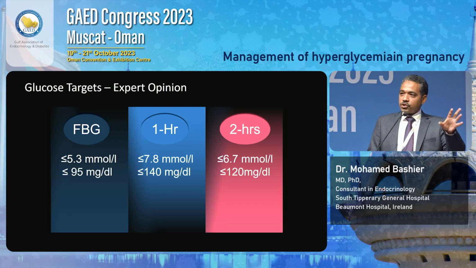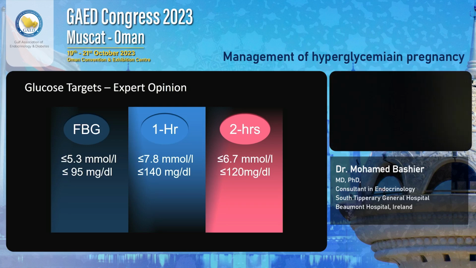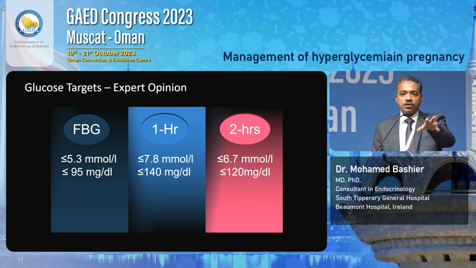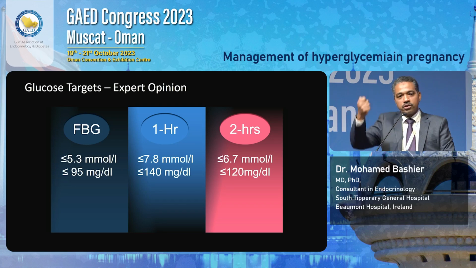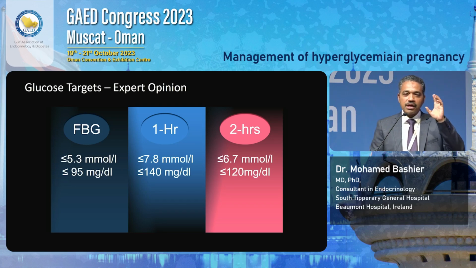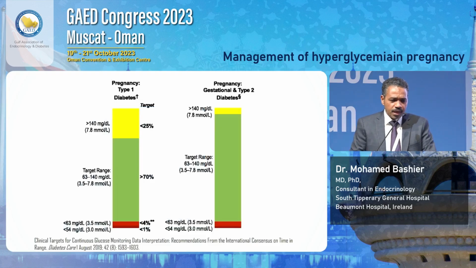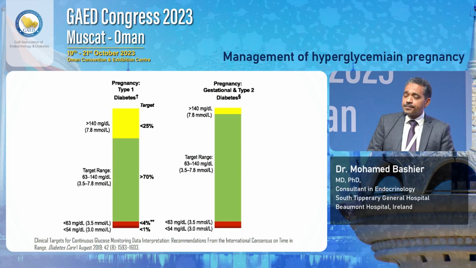However, I want to stress that these are expert opinion, and if there's any evidence for these targets, it's coming from GDM patients in the 3rd trimester. So you can tighten up the control or loosen the control according to how the baby is responding. Nowadays, we have the CGM. We offer the CGM for our women with insulin-treated type 2 diabetes or gestational diabetes.